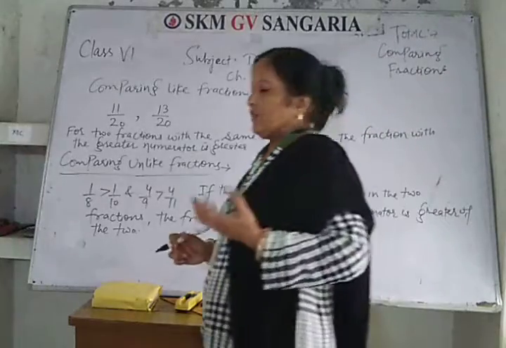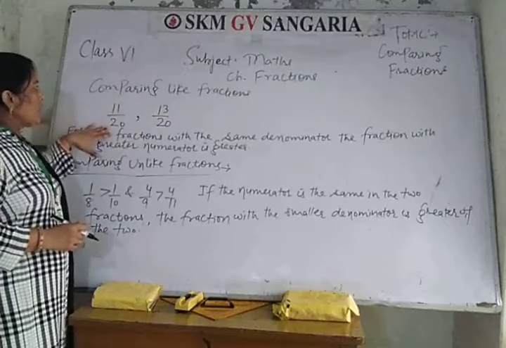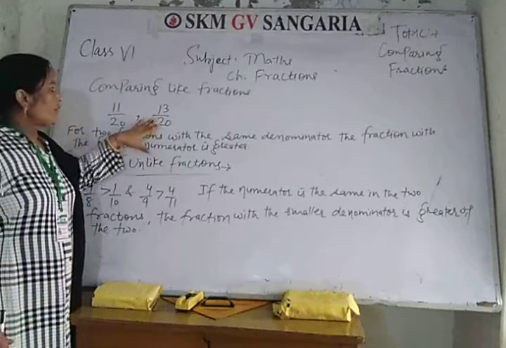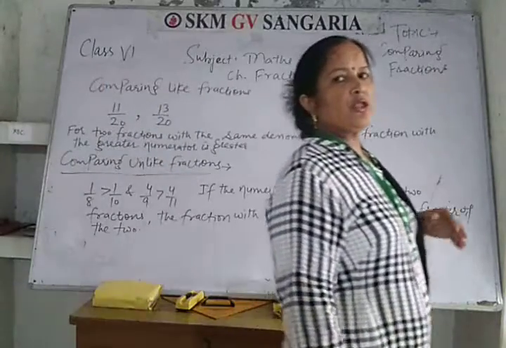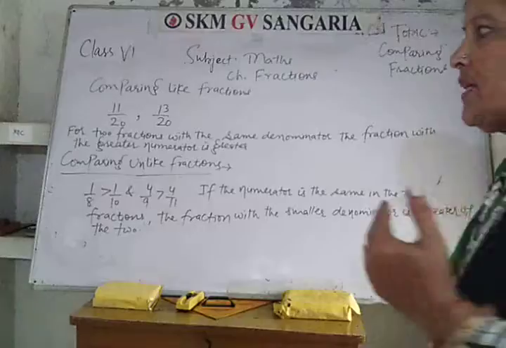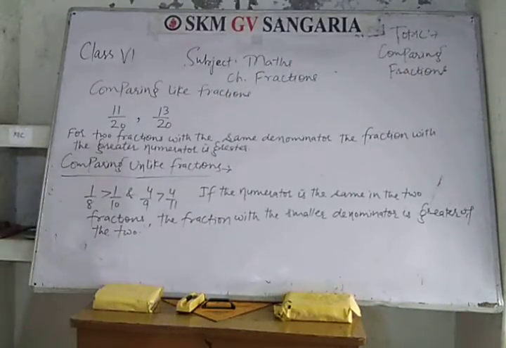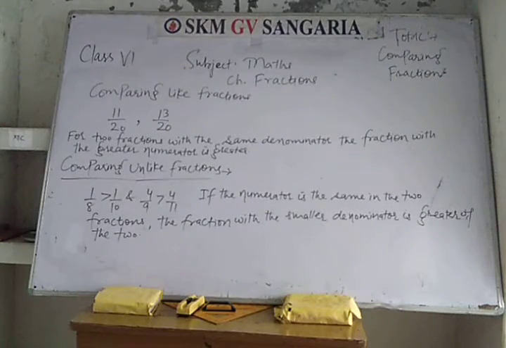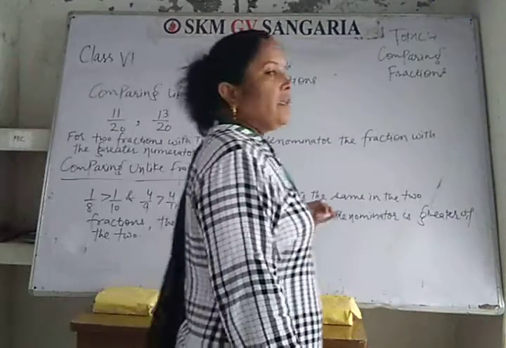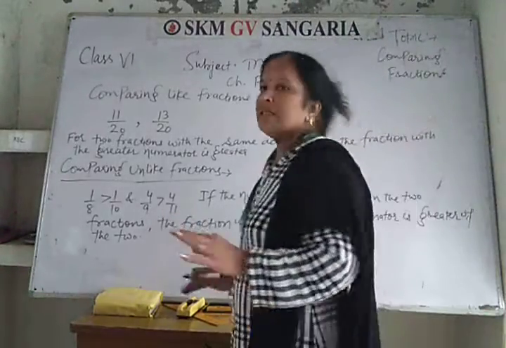So how to compare fractions? Suppose you are given: compare both, which is greater, 11/20 or 13/20? Here, students, when you look at the denominators of both fractions, you see the denominators are equal, that is 20. For two fractions with the same denominator, the fraction with the greater numerator is greater.